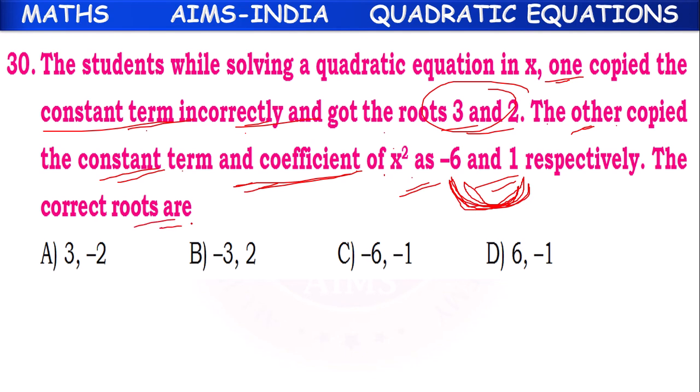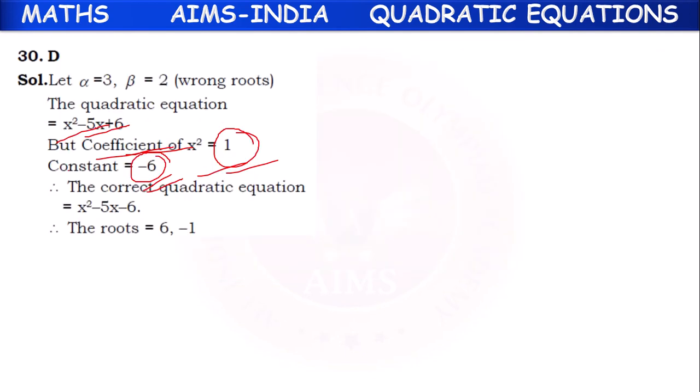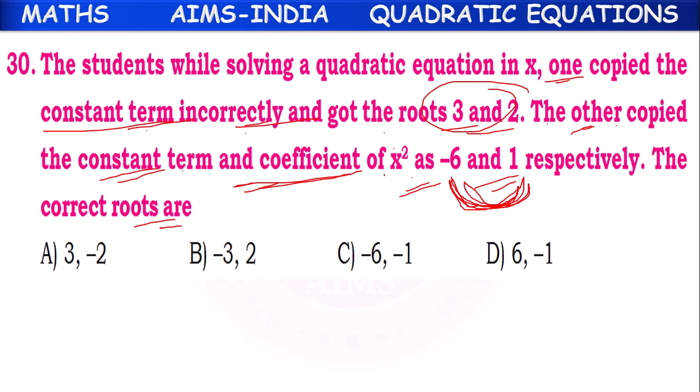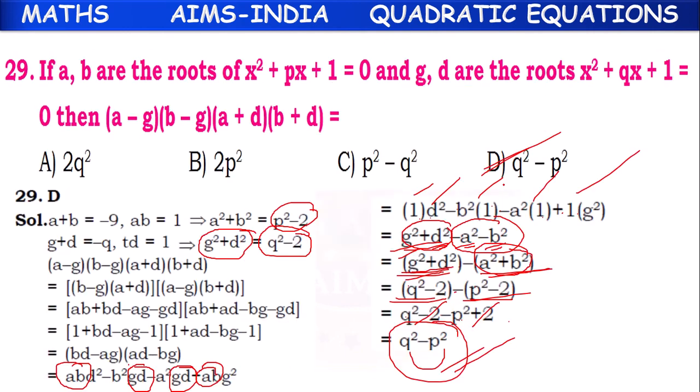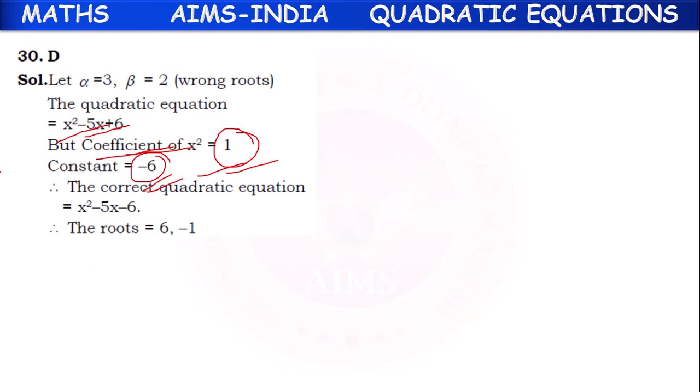The correct roots are... constant term minus 6, coefficient of x square 1. So here actually, because it is wrong, we got plus 6.